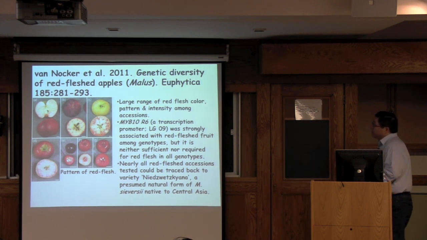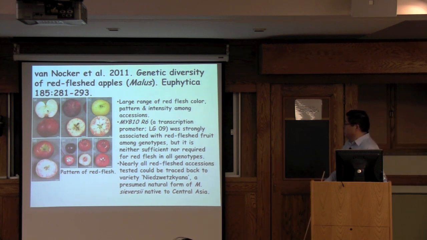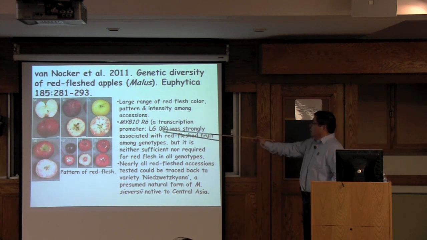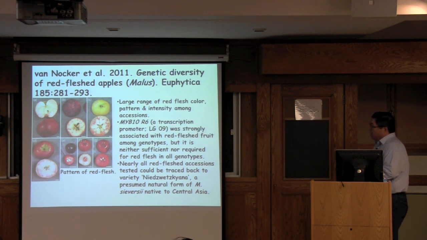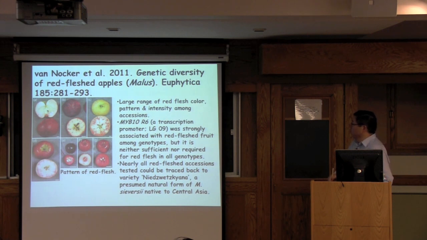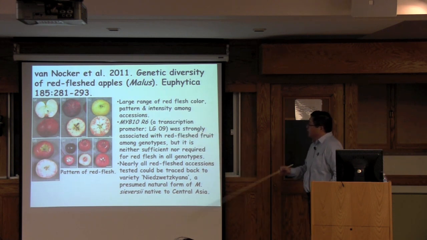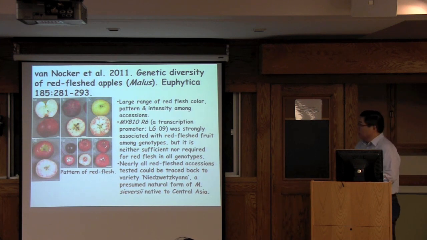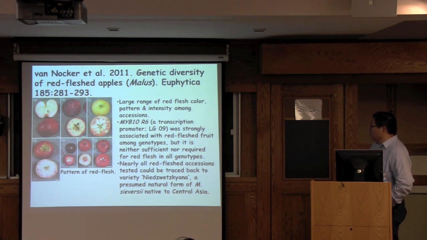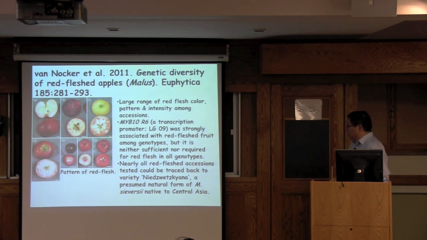We also looked at trying to use PCR to identify MYB10, which is a transcription factor promoter that was previously mapped to linkage group number 9. That's strongly associated with the red flesh fruit among all the genotypes. But this particular promoter is neither sufficient nor required for red flesh expression in all the genotypes.